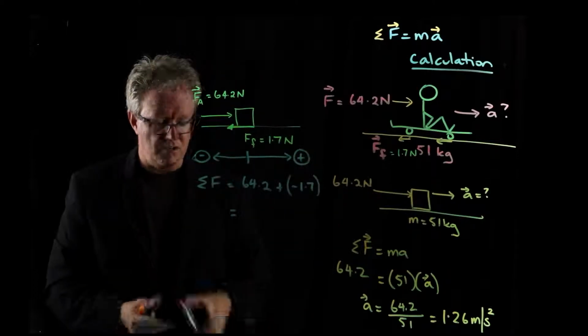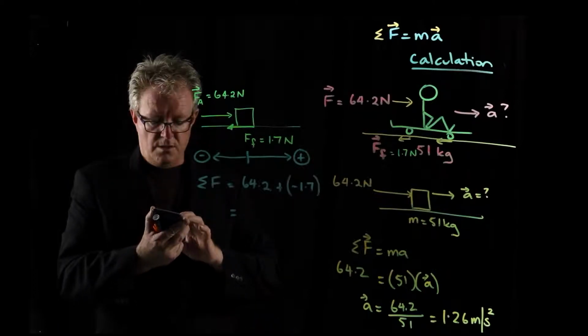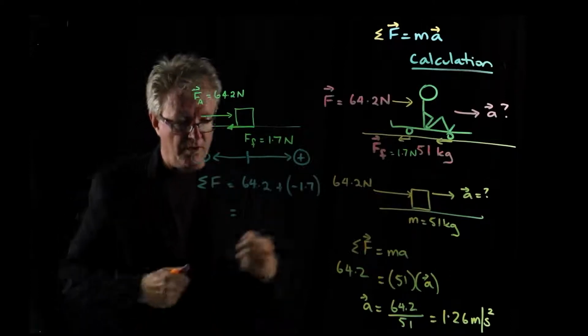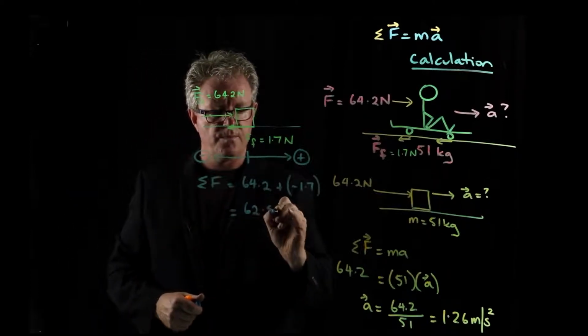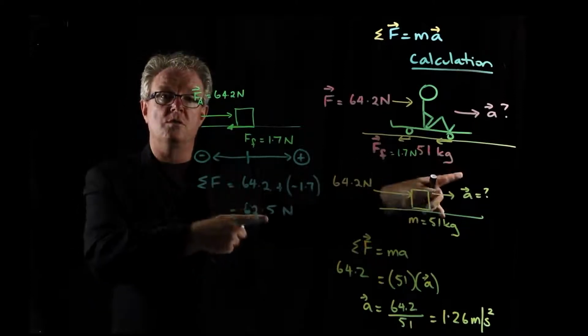So what does that give us? 64.2 minus 1.7 is 62.5. And that's 62.5 towards the right.